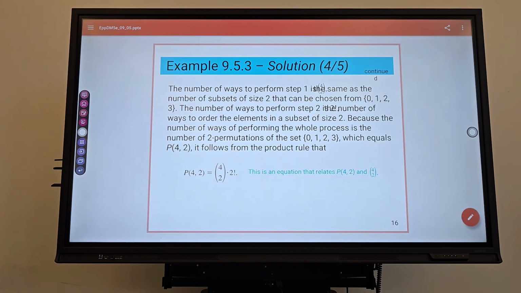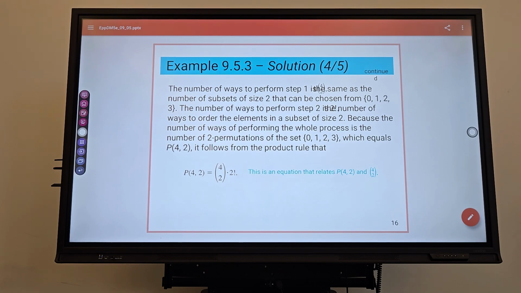The number of ways to perform step 1 is 4 choose 2, the number of subsets of size 2 that can be chosen from the set. The number of ways to perform step 2 is 2 factorial, the number of ways to order the elements in a subset of size 2.